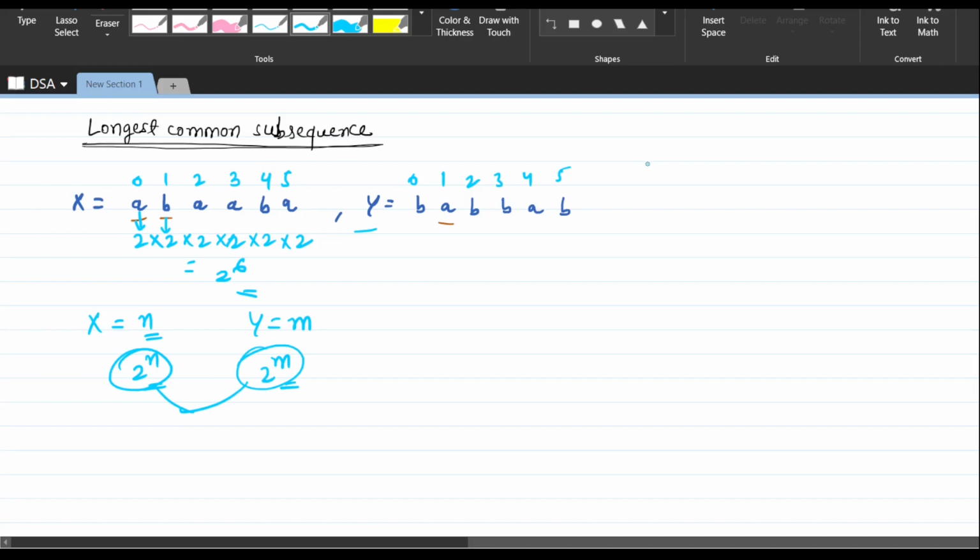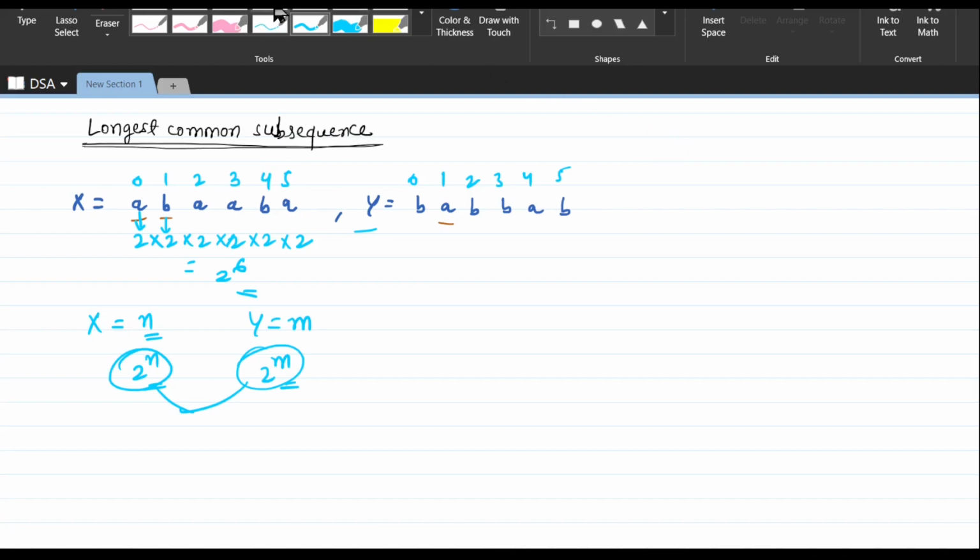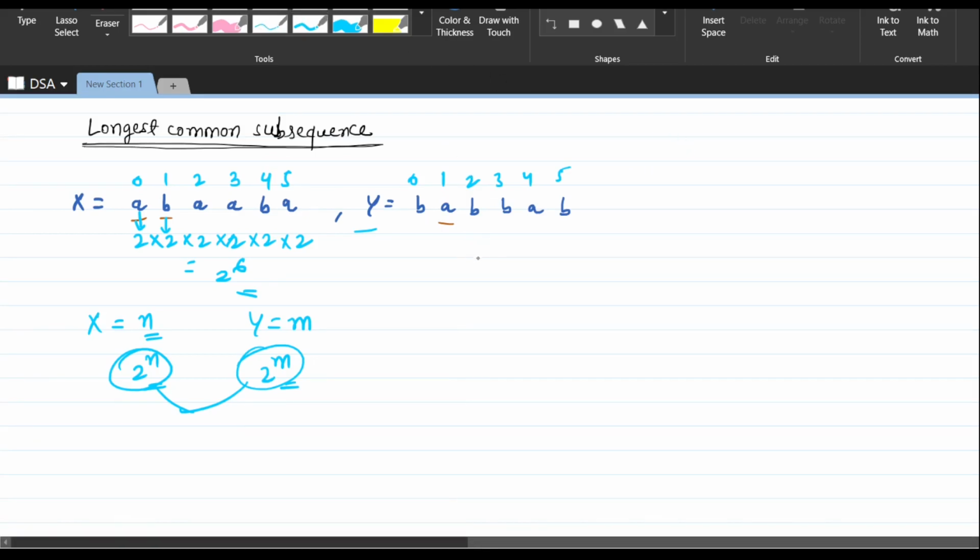Let's say we have the dynamic programming function as f, and we have the indices i and j, which will initially, let's say, start from 5 at the end index. So it is 5 and 5.